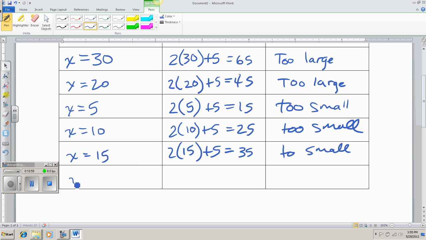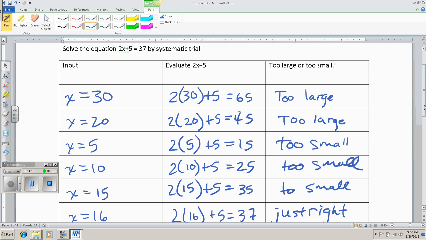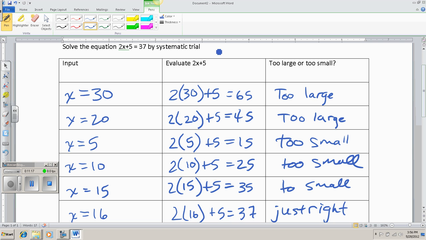So I'm going to try x equals 16. 2 brackets 16, that's going to be 32. 2 times 16 plus 5 will equal 37. And it's just right, like Goldilocks. So I've solved my original equation, 2x plus 5 equals 37. x must be equal to 16.